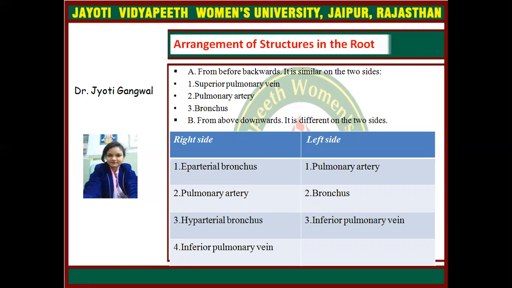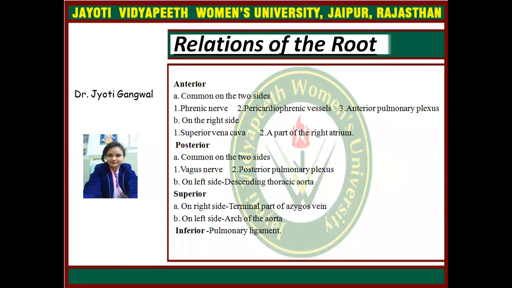On the right side, first is the eparterial bronchus, then pulmonary artery, then the hyparterial bronchus, then inferior pulmonary vein. And on the left side, first on the above there is pulmonary artery, then below it the bronchus, and then below the bronchus there is inferior pulmonary vein.